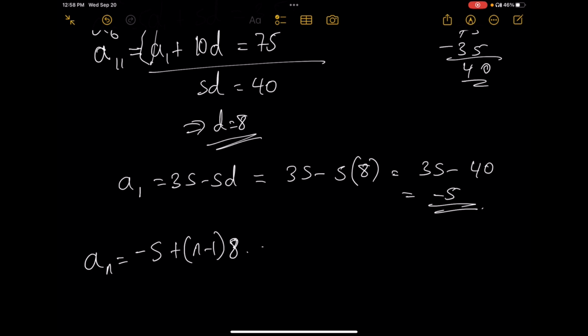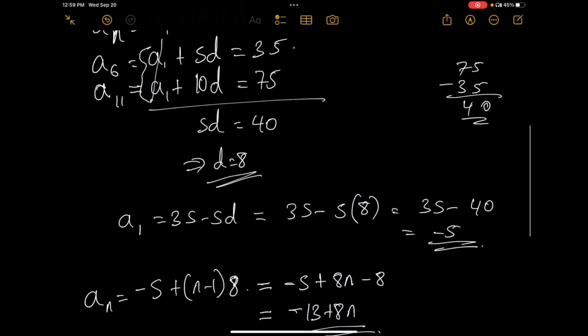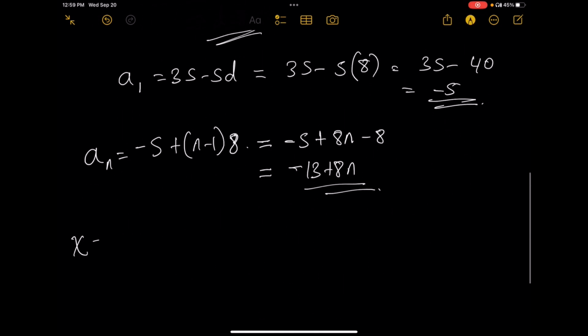Therefore I can write this as negative 5 plus 8N minus 8, which is equal to negative 13 plus 8N. This is An. Now what we are looking for, x, is simply the sum for i running from 1 up to 31, right?